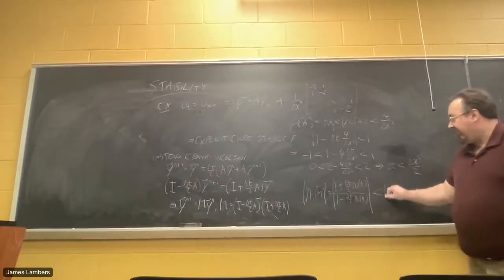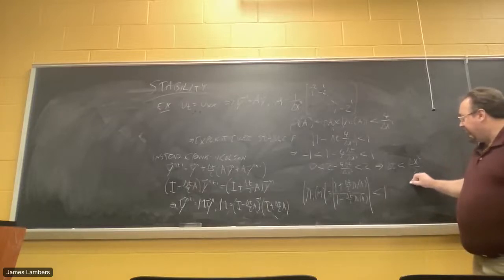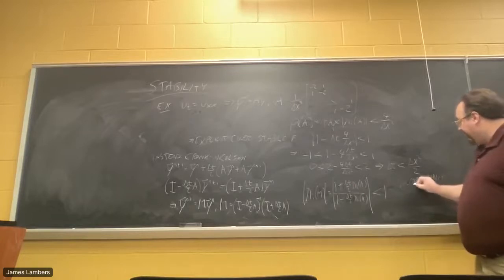So this is actually guaranteed less than 1. It is unconditionally stable, like implicit Euler is.